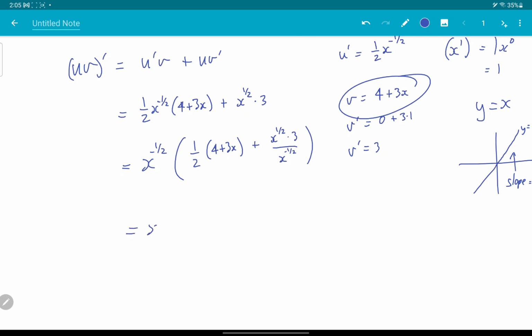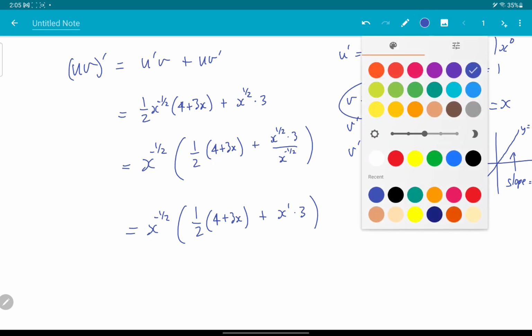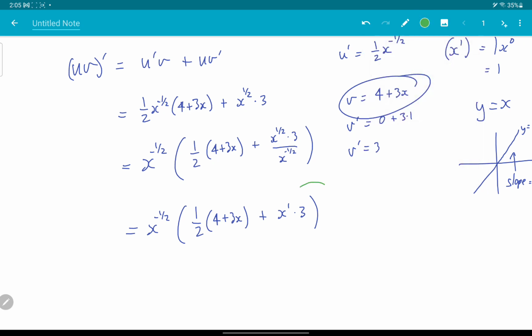Now I can see that I have same base, and I should subtract the exponents. So I get x to the 1 times 3. And that 1 is half minus negative a half.